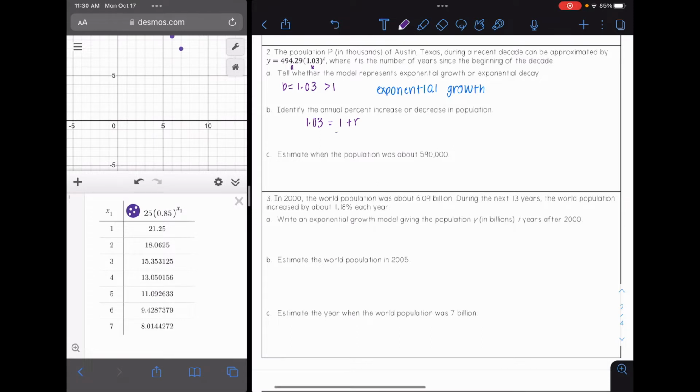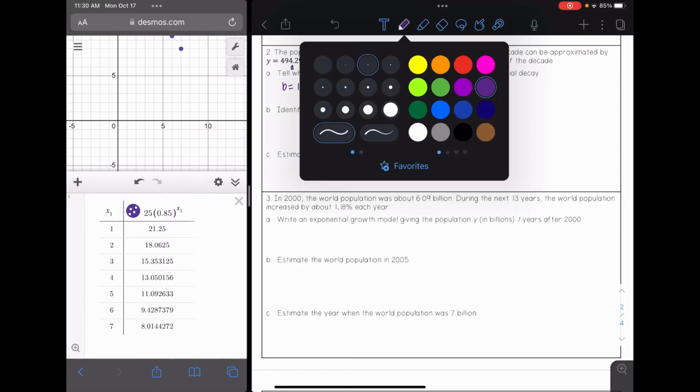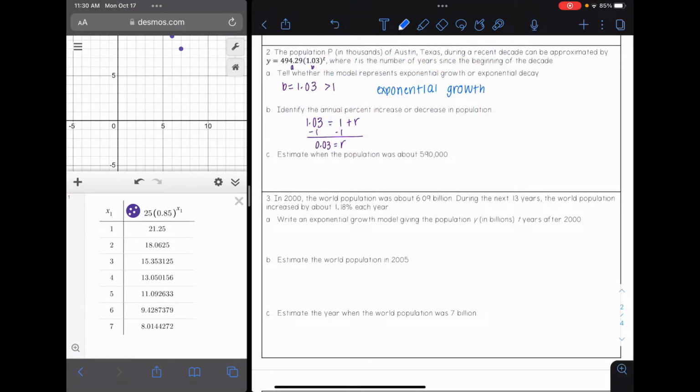And so solving for r, I just subtract 1 from both sides, and I get that 0.03 is equal to r. And this one's asking for percent, so I need to change this decimal to percent. So it's going to be 3%. So this is an annual percent increase of 3%.